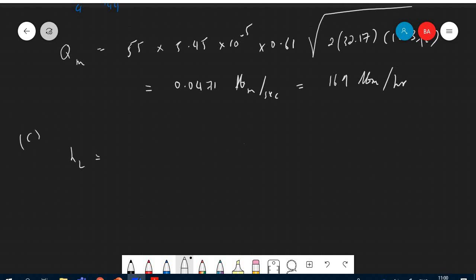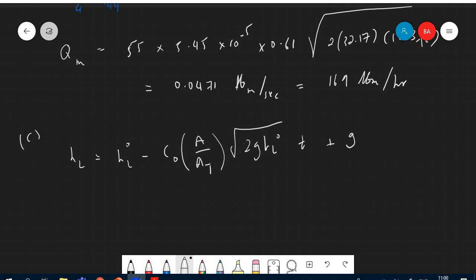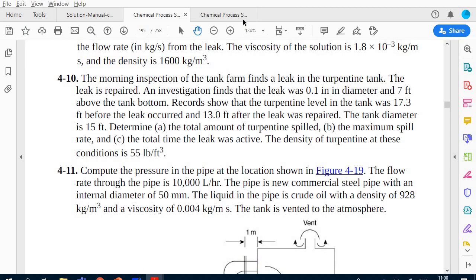So HL is equal to HL naught minus C naught over A over AT times the square root of 2G HL naught times T plus G over 2... I need to look at that equation. Okay, just hold on. Let's look at the equation for a moment.